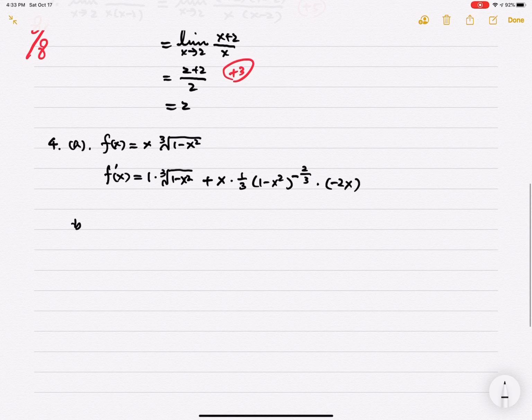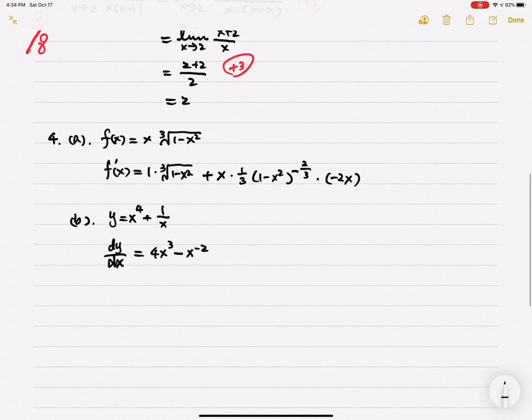Part B, we have y equal to x to the 4th plus 1 over x. Now we ask you to find the third derivative. So we have to find the first derivative. The first derivative is 4x cubed minus x to the negative 2, since 1 over x is x to the negative 1.